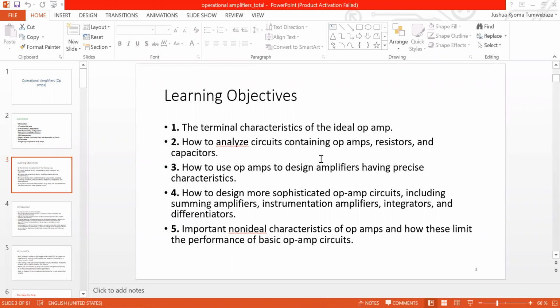You should be able to design also more complicated or sophisticated op amp circuits, including the summing amplifiers, instrumentation amplifiers, and so on. And then we'll also look at the non-ideal characteristics of op amps and how they affect the performance of basic op amp circuits.